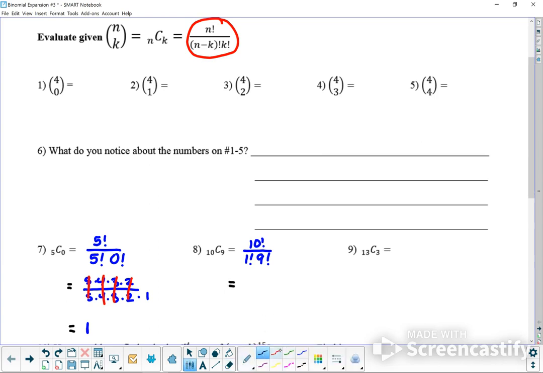So 10 factorial, I'm going to go 10 times 9, and then times 8, 7, 6, 5, 4, 3, 2. 1 factorial is just 1, and then 9 factorial is 9, 8, 7, 6, 5, 4, 3 times 2. And again, you can see that these will all cross out, and you get 10 over 1, or just the answer is 10, right?